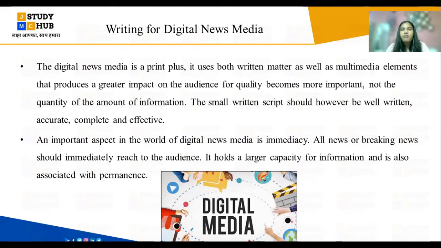So whatever you are writing on your social media or the counterpart of any news channel, you have to be very specific about it. You have to be very accurate, complete, and have an effective value attached to it. An important aspect in the world of digital news media is immediacy. Because in print media, the story has to be written and then printed and then published the next day.